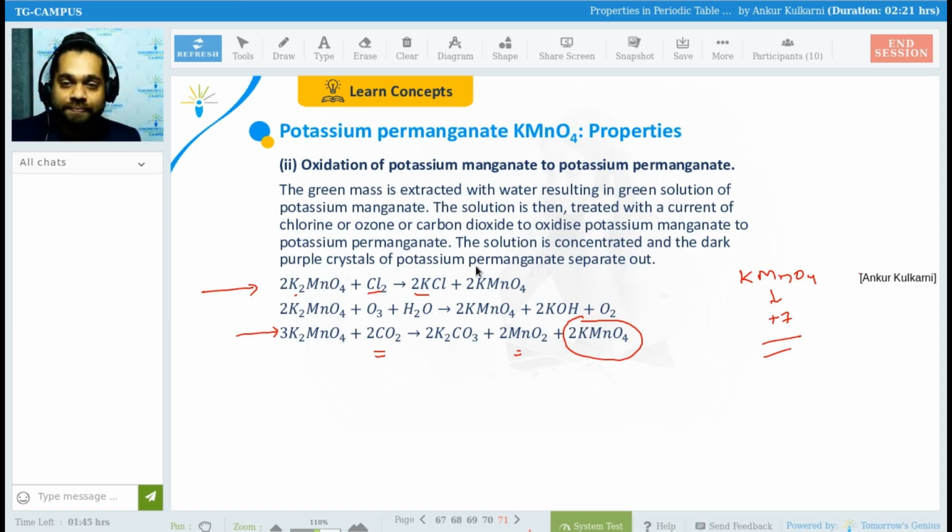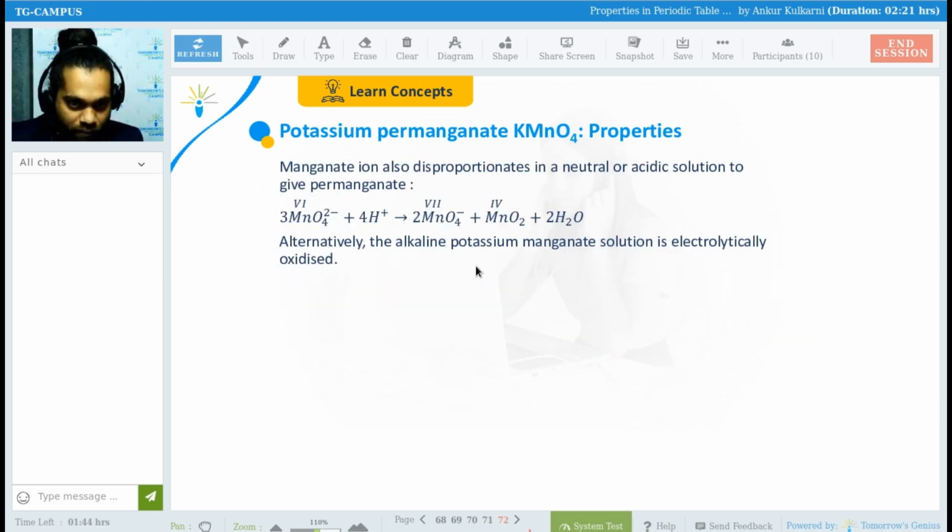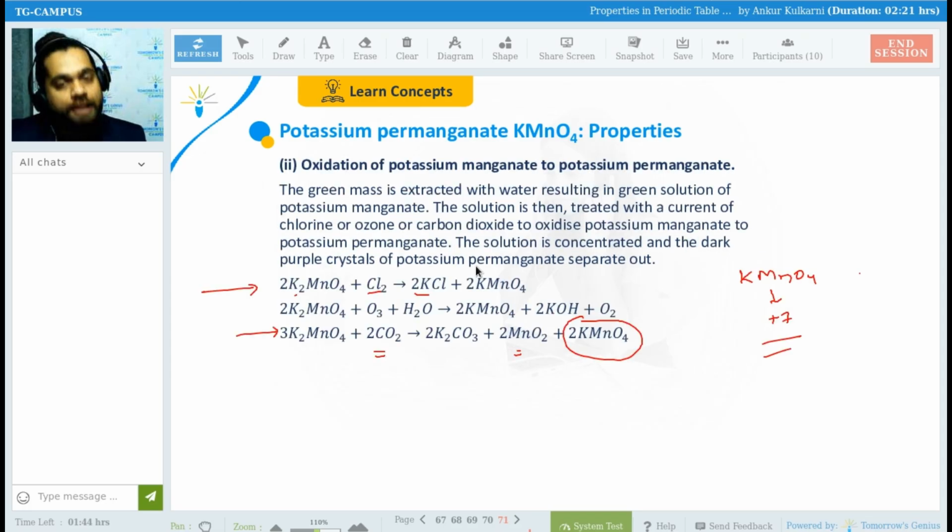Okay, Sindhuja. Chalo. Let us go ahead. Now this also. Manganate ion shows the disproportionation reaction. What is disproportionation reaction?